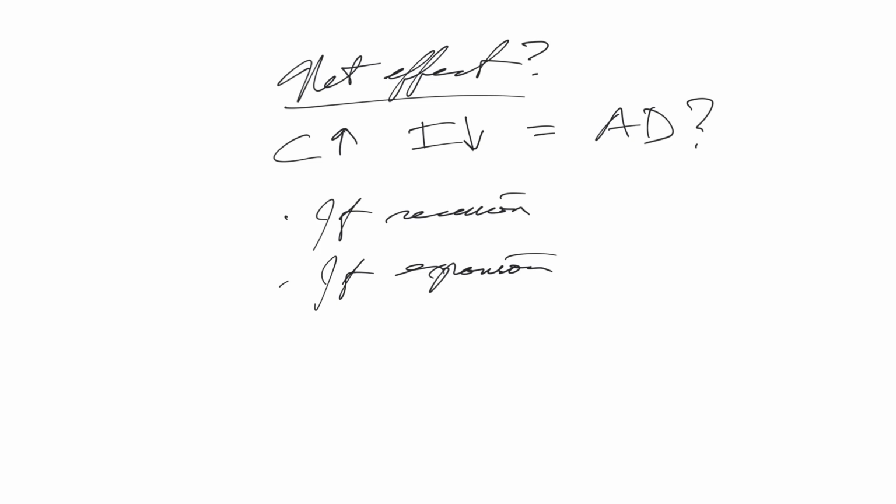So it really comes down to, if we're in a recession, we've got unused capacity, crowding out is not going to be an issue. If we're fully employed and the economy is booming along, crowding out is more likely to be an issue in that case.